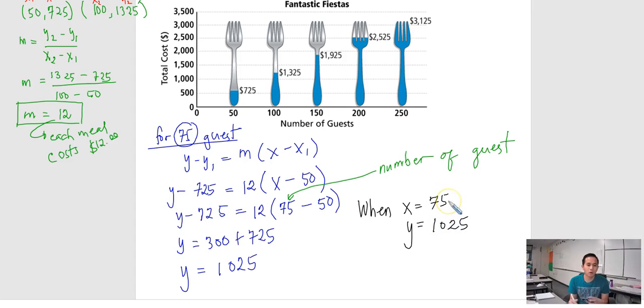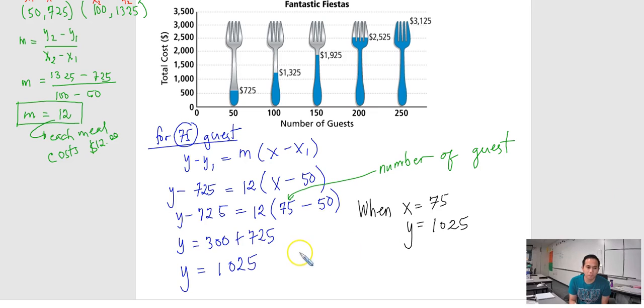So the cost of the event for 75 guests is $1,025. Since Marisa budgeted $1,200 for her event, she will have enough money.